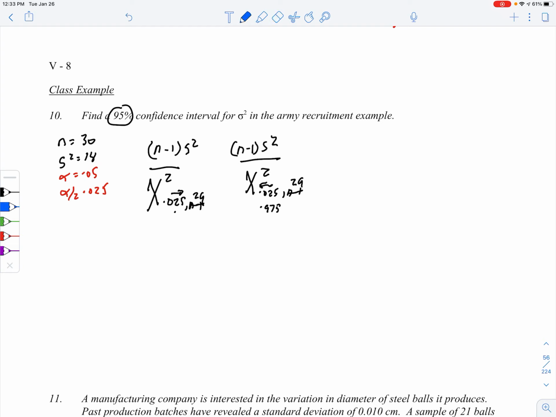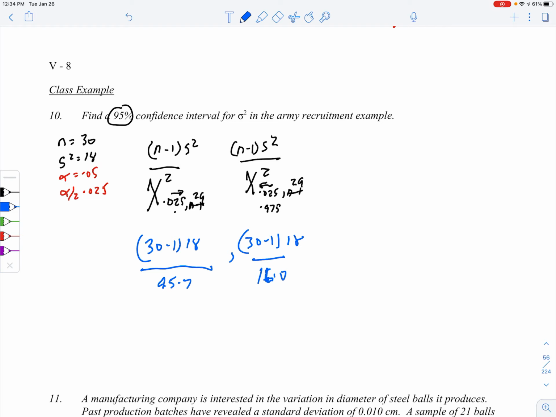All right, so what we'll have here then is this will be 30 minus 1 times 18. The 18, remember, is already squared. And then down here, this is where we put really the bigger number, 47.5. So that was the 2.5% going up. And then we're going to have 30 minus 1 times 18 over 16.0. That's the smaller number. And that's the 2.5% going down.